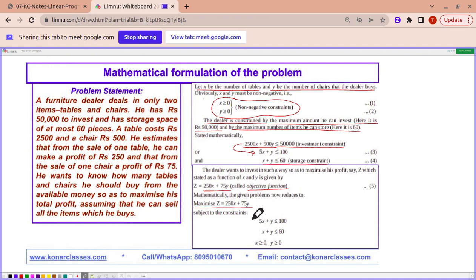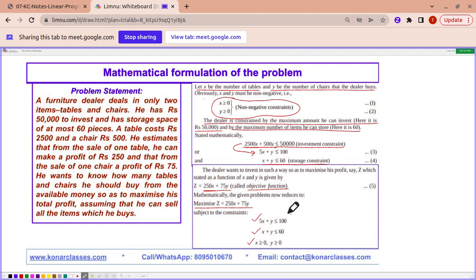The first constraint is 5x plus y less than or equal to 100, that is the investment constraint. The second constraint is x plus y less than or equal to 60, that is the storage constraint. And the third one, which is quite obvious, is x greater than or equal to 0 and y greater than or equal to 0, that is the non-negative constraint.